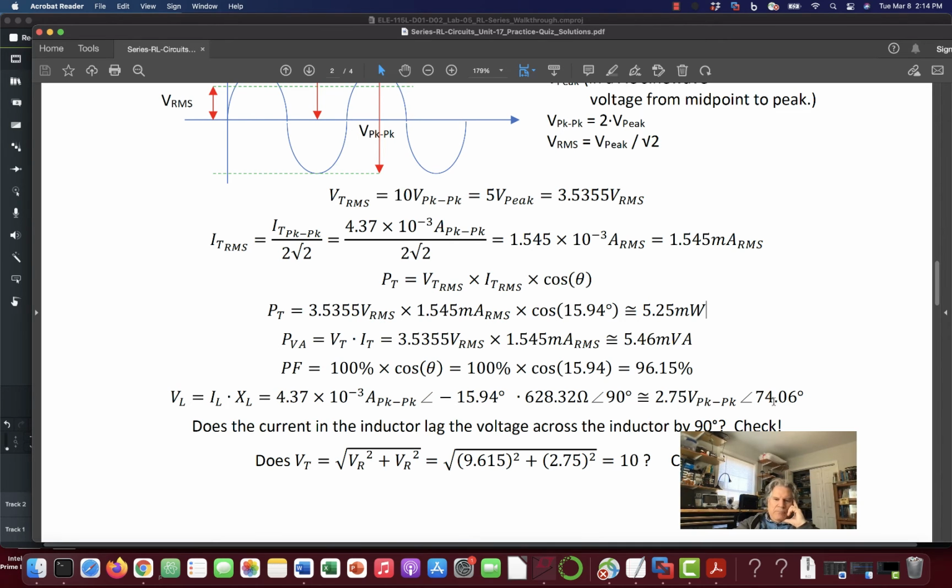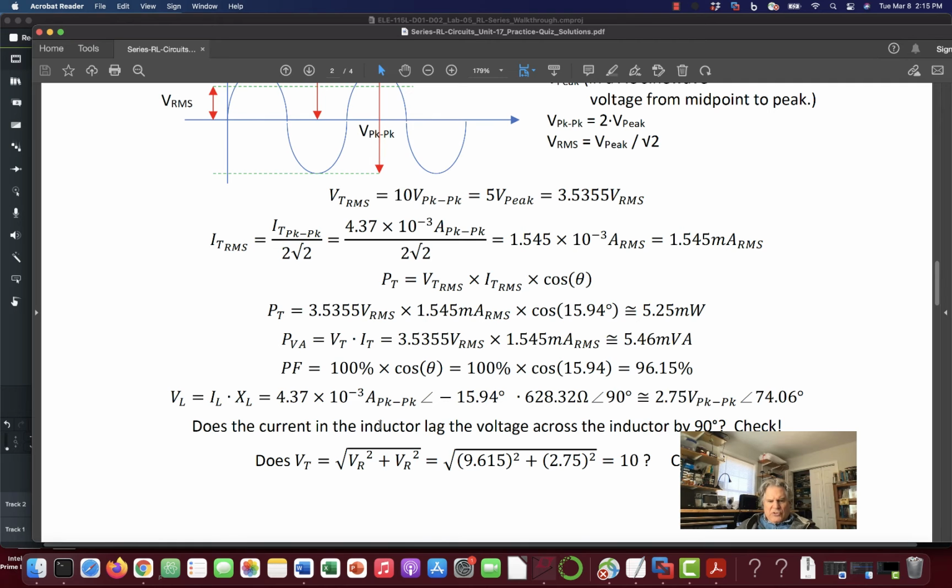at 74.06 degrees. This inductive reactance with the 90 degrees sets the place where the current is, and once again you'll note that the current and the voltage across the inductor are out of phase by 90 degrees. In practice on your scope you probably won't see that, because the inductor can't be perfect.